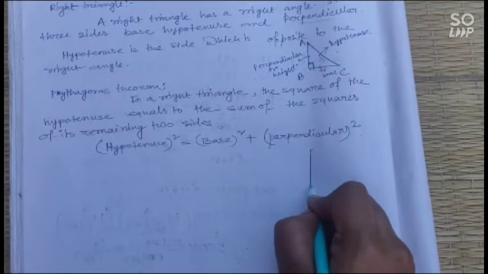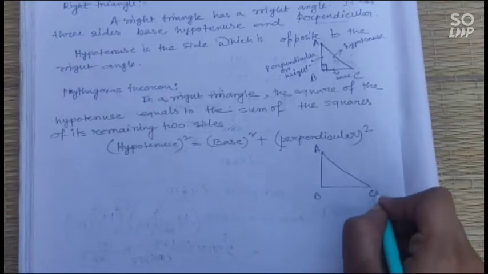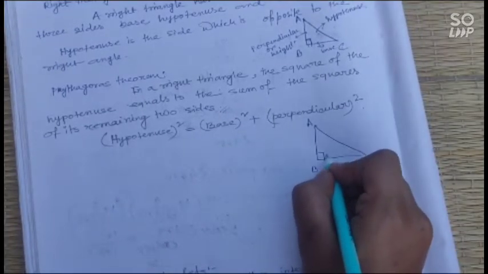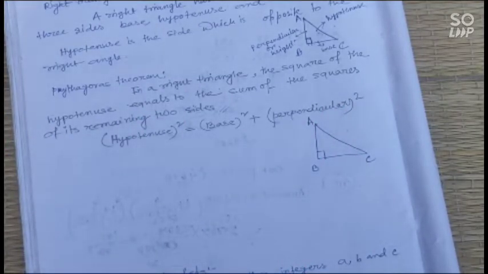Okay, so let us understand this using a figure. Suppose ABC be a right triangle which is right angle at B. Then what can we get using the Pythagoras theorem?